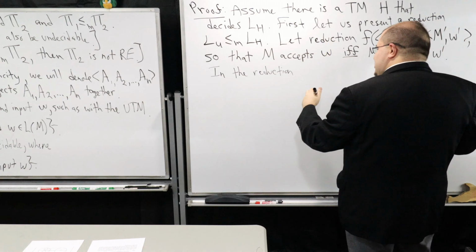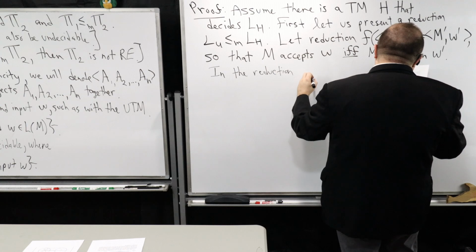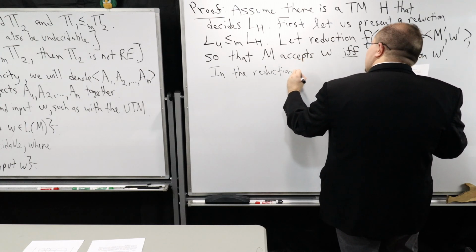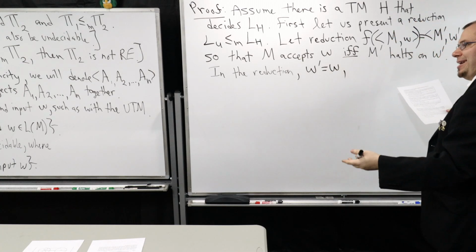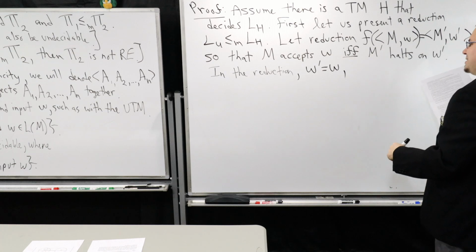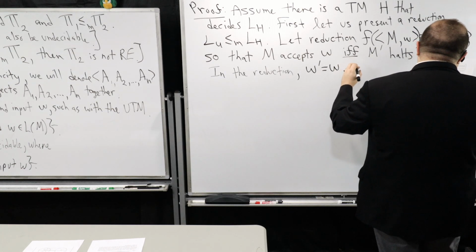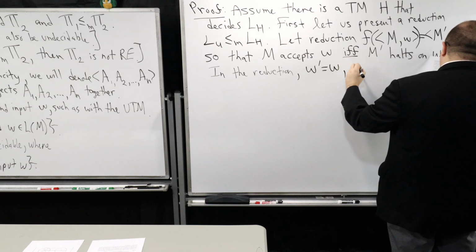This one, it's nice and straightforward. So in the reduction, we're going to let W prime equal W. Makes sense, right? I'm not going to touch the input at all for my machine. So I'm going to leave W prime alone. It's just going to be W. But I'm going to do the following.